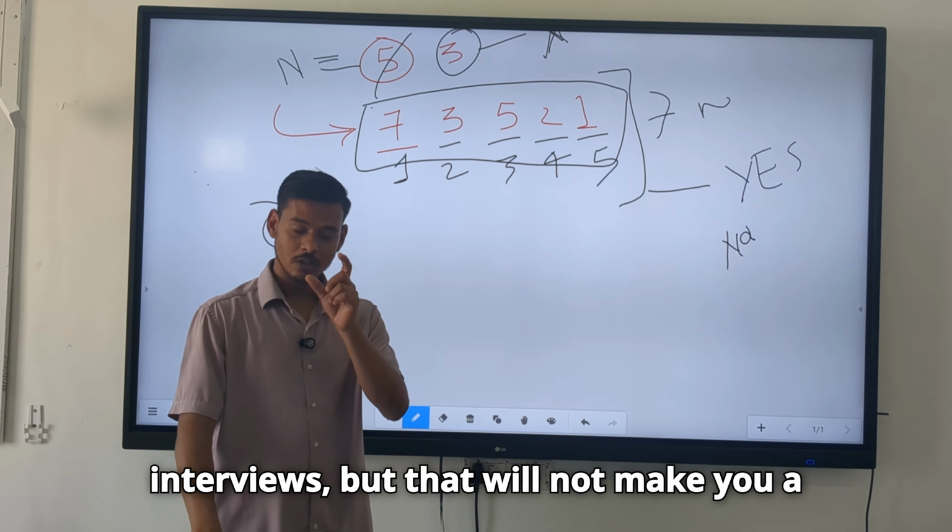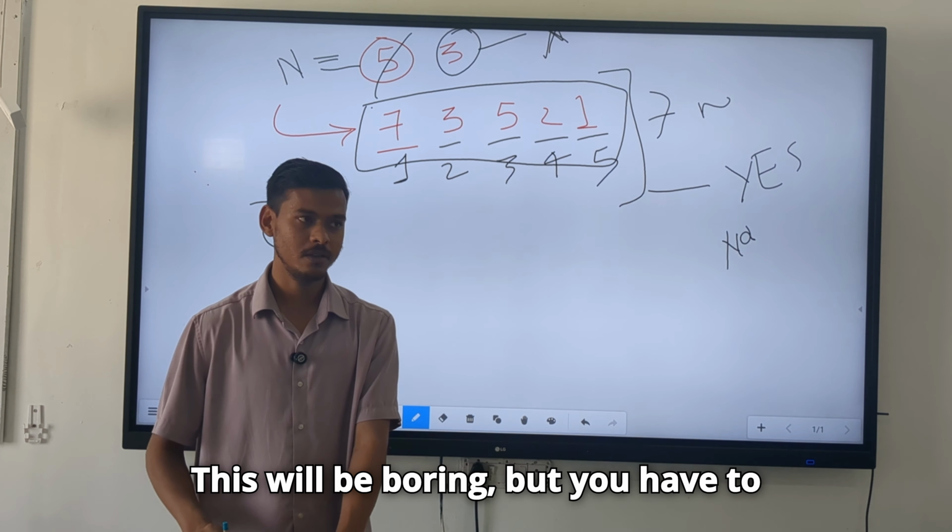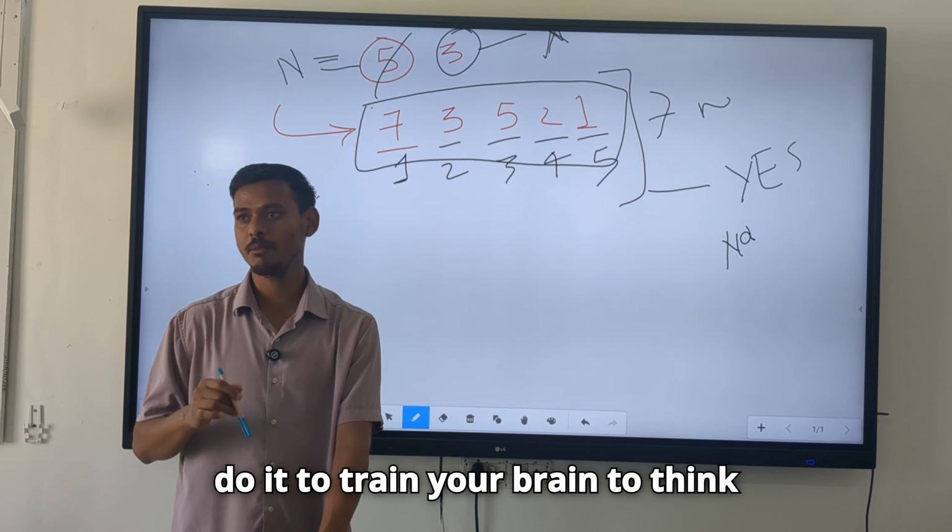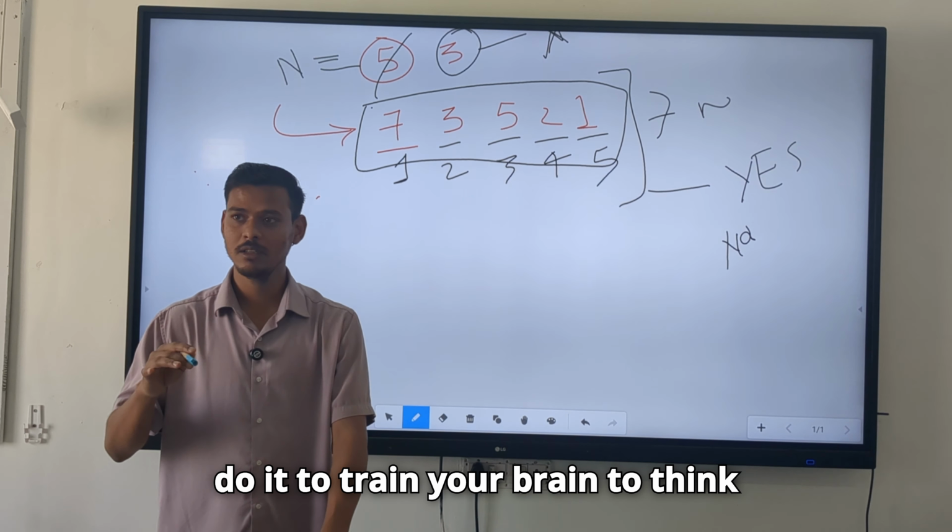In the morning, what do we do? We do exercise. This class is for brain exercise. This will be boring, but you have to do it to train your brain to think like a programmer. Otherwise, you would see a problem and most of you will get stuck at one question.